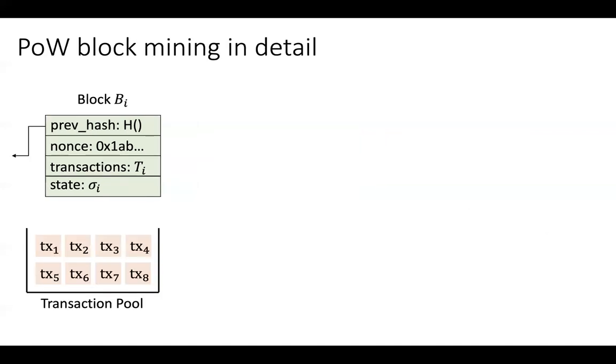For this paper, we have to look at the proof of work block mining procedure in slightly more detail. Let's consider a miner. The miner has seen block Bi, and the miner also has a set of transactions, called the transaction pool, consisting of transactions that did not appear in any blocks up to block Bi.